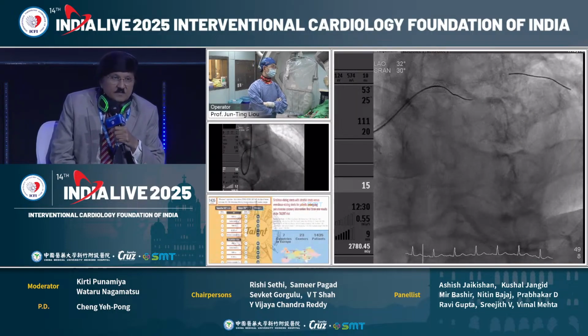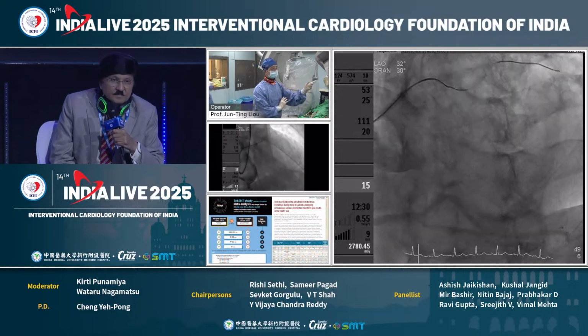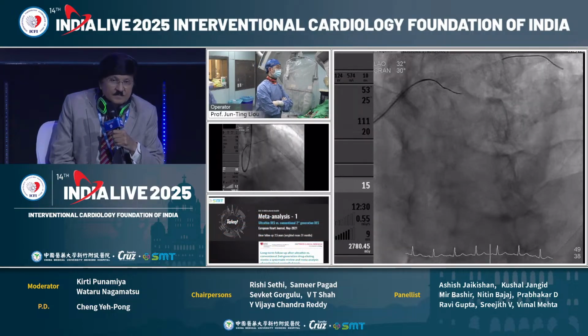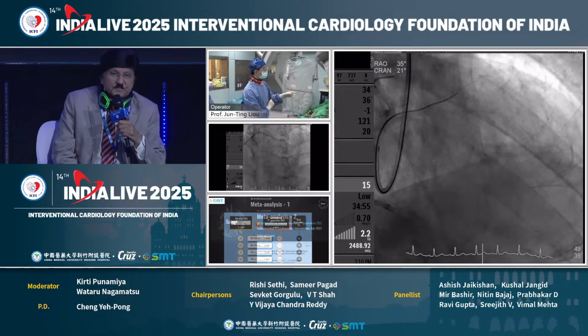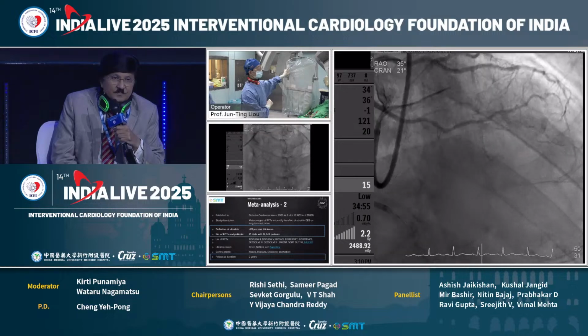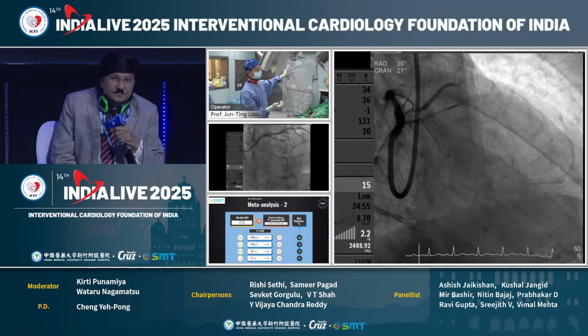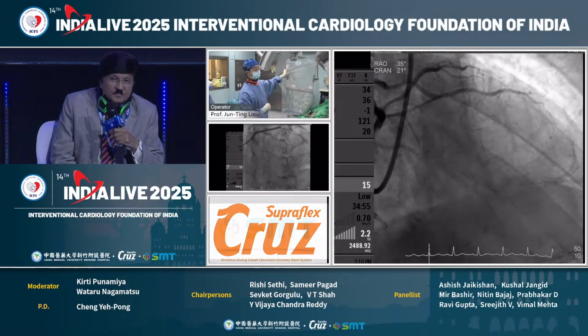Yes. As Dr. Kurti mentioned, we have entered the diagonal, just like this view. Can we see the frontal view? Yes. After entering the wire, I tried to bring down the microcatheter, and I tried to draw blood from the microcatheter. There is no blood here, so I'm not sure whether I'm in the true lumen.